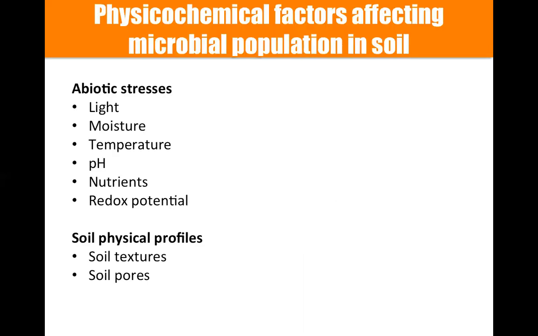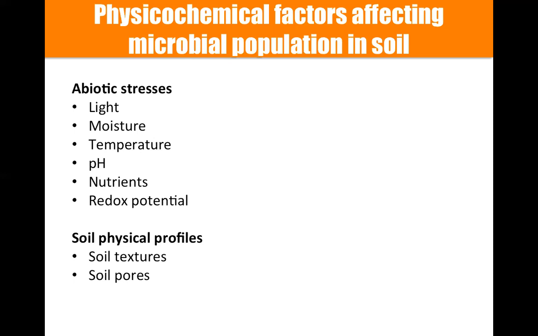So what are the factors affecting the microbes population? We are not going to touch on the biotic factors, which are the other organisms. We are going to talk about the abiotic factors, stresses, as well as the soil physical profiles that will actually affect the population of microbes in the soil.